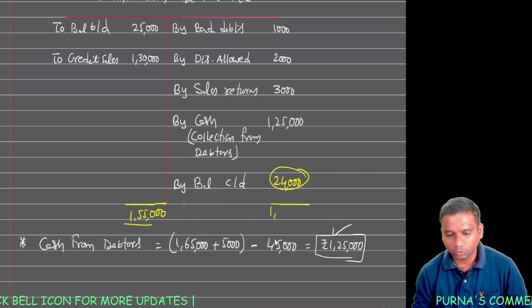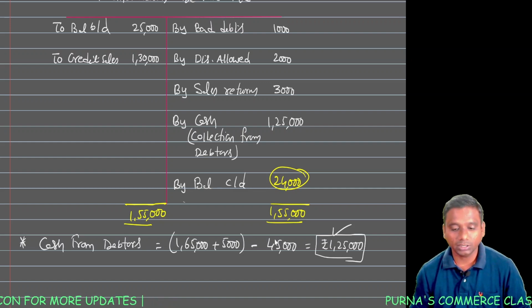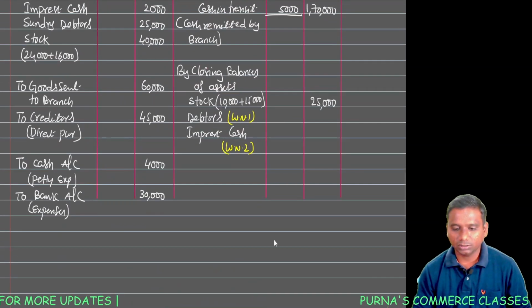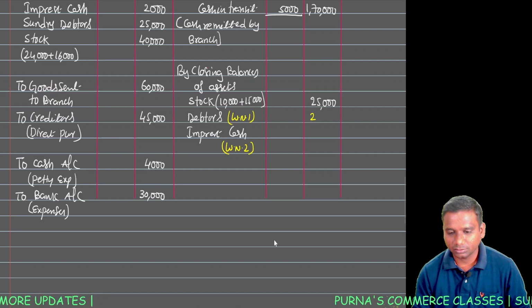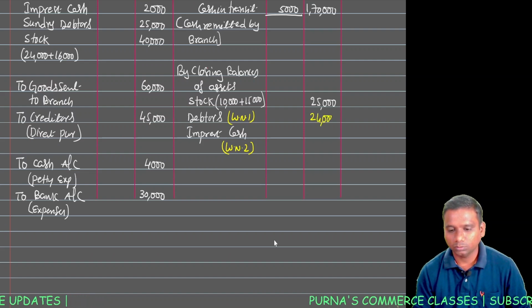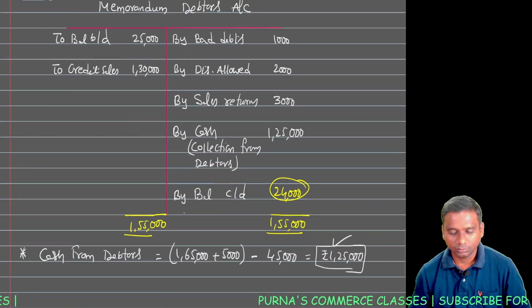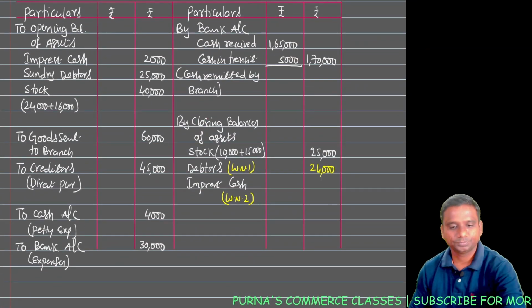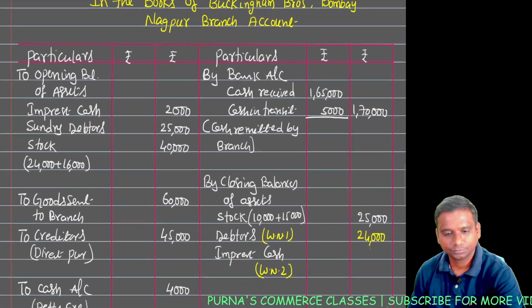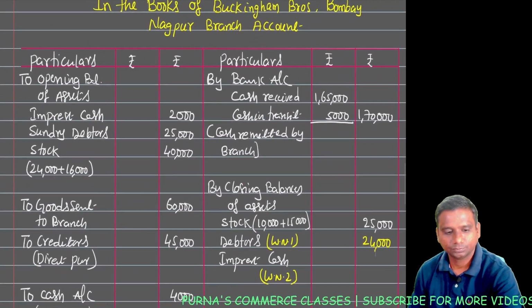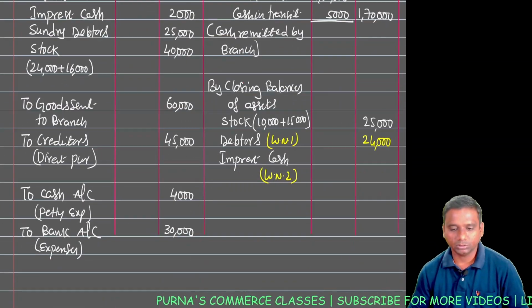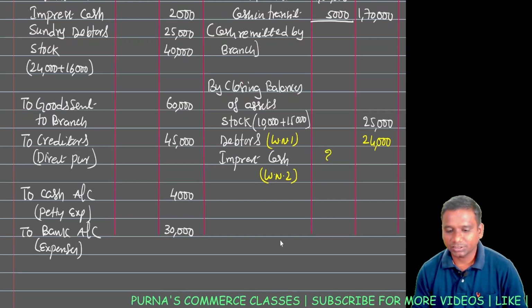And this is the amount of debtors outstanding at the end of the year. Now write down the same here. Debtors 24,000. That's it.